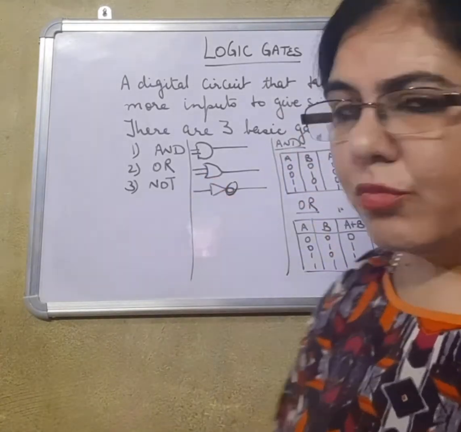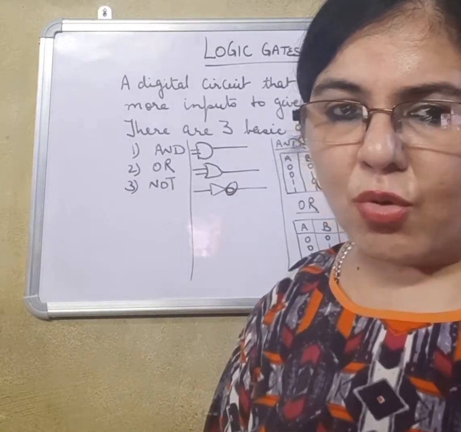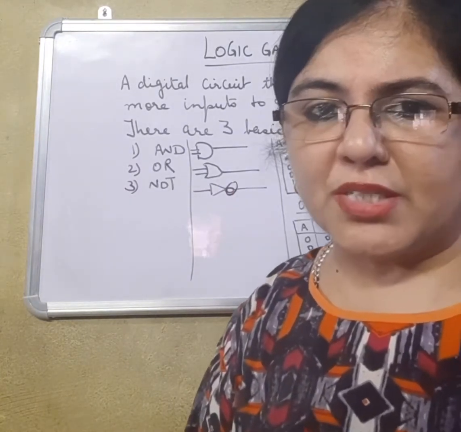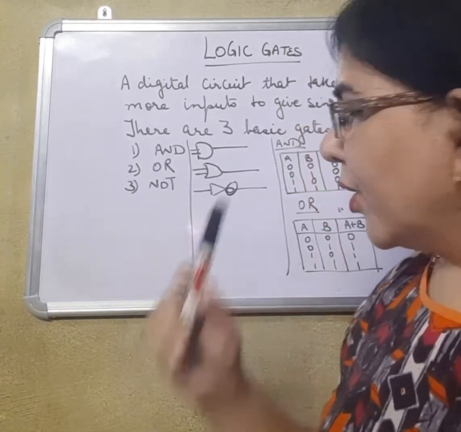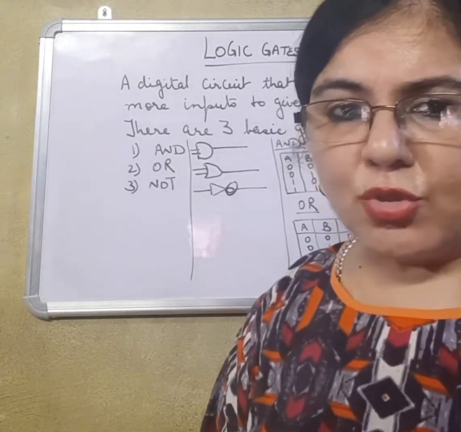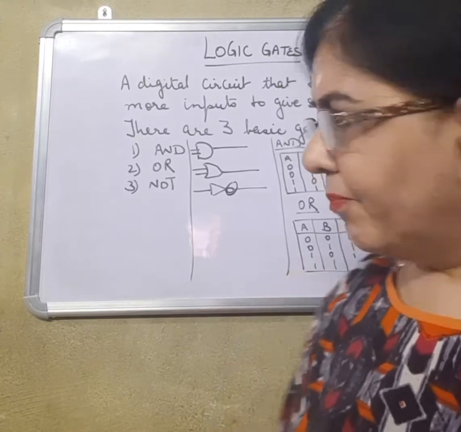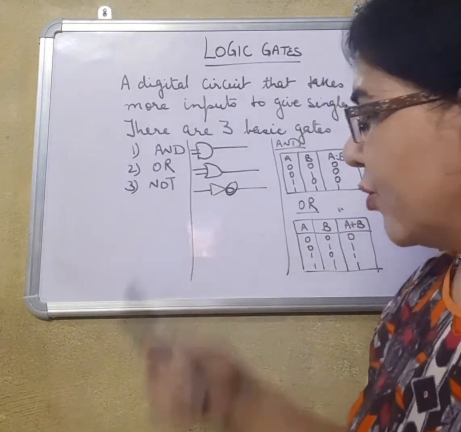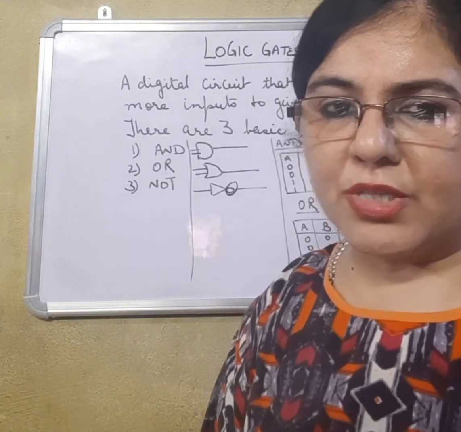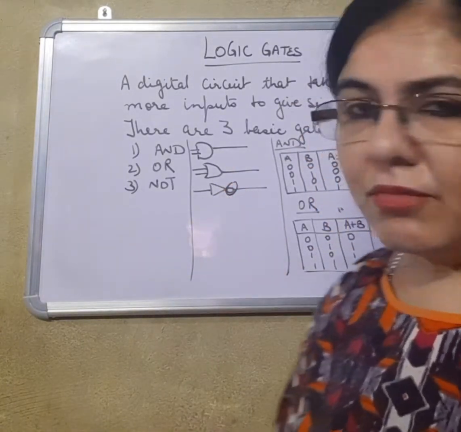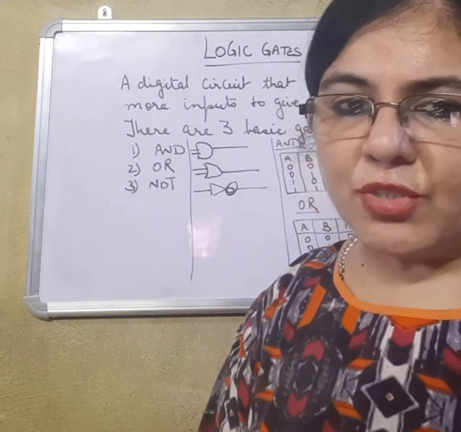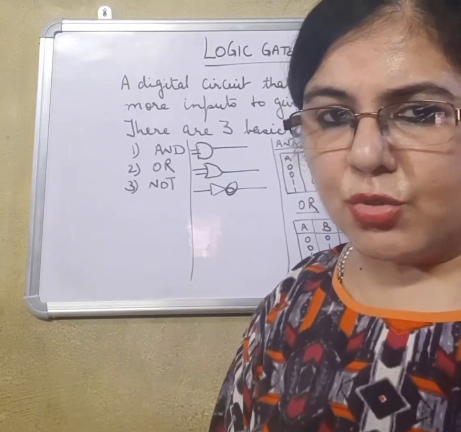And even if both of them are 1, then also you will get 1. If both of them are 0, then only you will get a 0 output. But in NOT, as I have told you, if you give a single input as 1, the inverter or the bubble at the back of it will convert it into 0. If you give 0, it will convert it into 1.